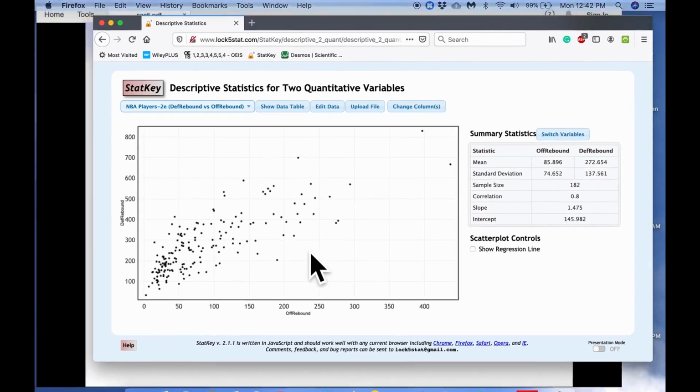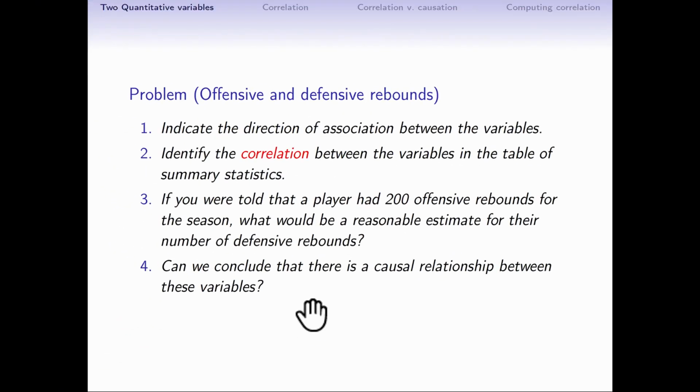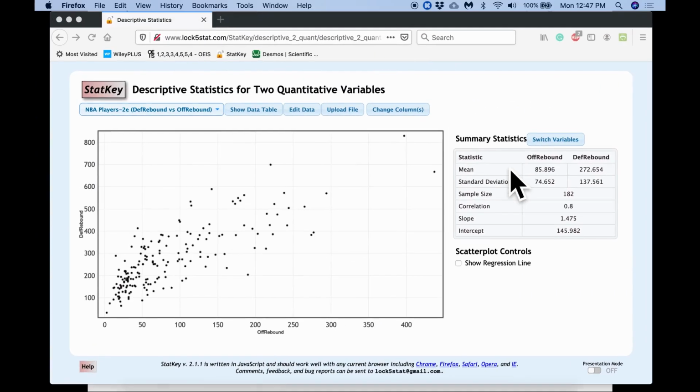Okay, last question. Can we conclude that there is a causal relationship between these variables? Well, let's look at the data. Now, before we address the question of a causal relationship between these variables, let's think about the following question. Can we think of the number of defensive rebounds as a response to the number of offensive rebounds?